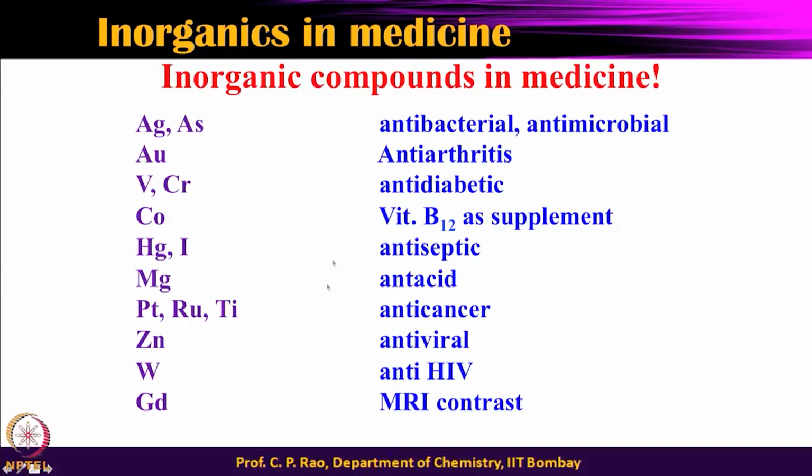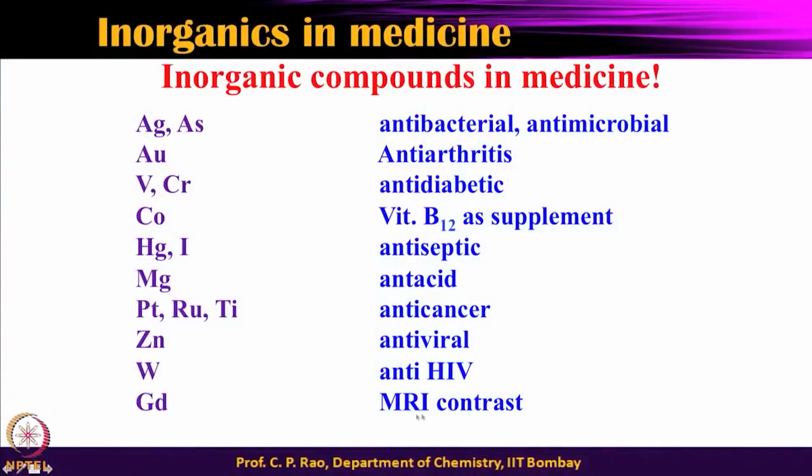A variety of these compounds can be used in a variety of aspects, like antibacterial, antimicrobial, anti-diabetic, anti-arthritis, anti-acid, anti-cancer, antiviral, anti-HIV. Also they can be used as contrast agents etc. So, therefore, inorganic ions are widely spread as their compounds, complexes and salts in medicine.